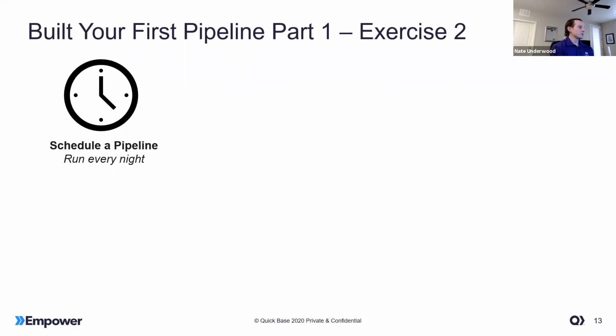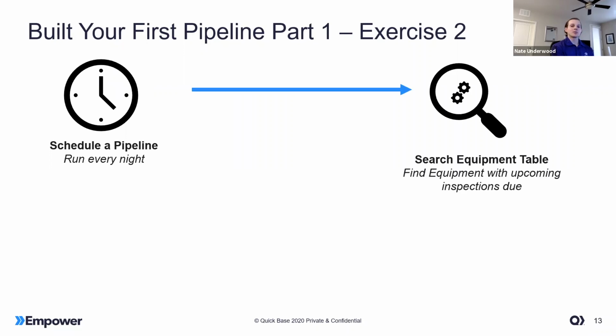We'll set it to run every night, and it will trigger a search of our equipment table. That equipment table has the days until next inspection due field, which holds a numeric value like 14 days, letting me know that in 14 days this inspection is due to be completed.